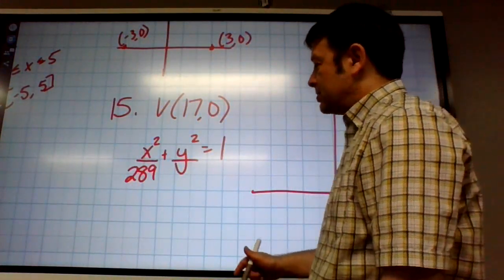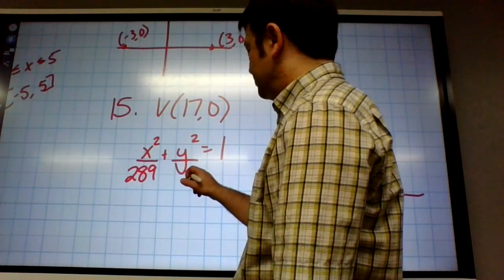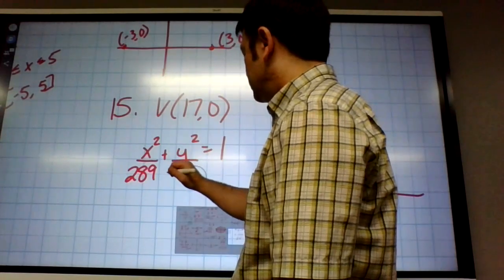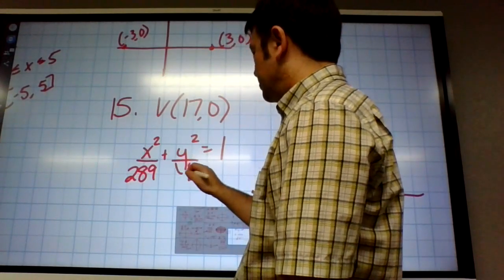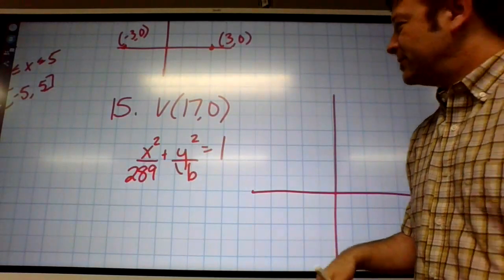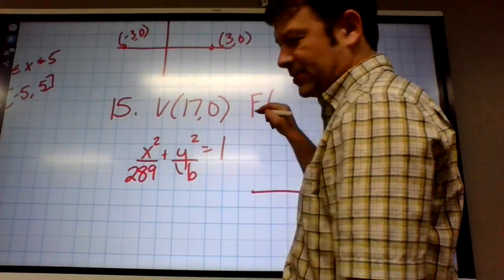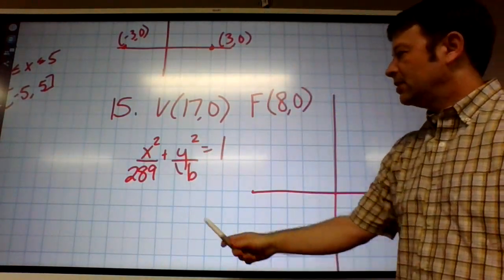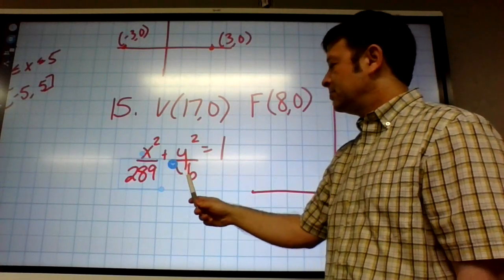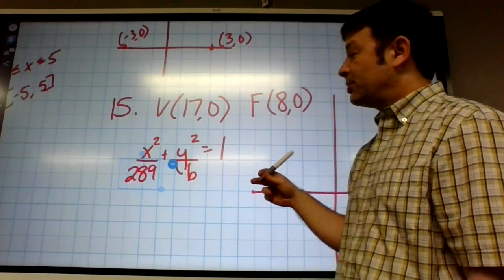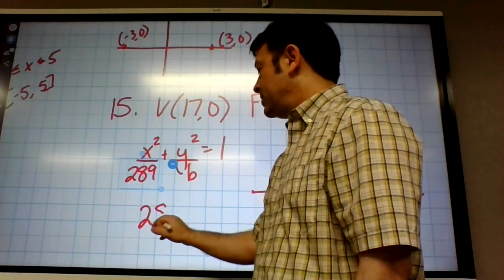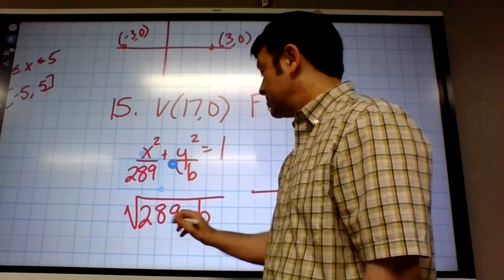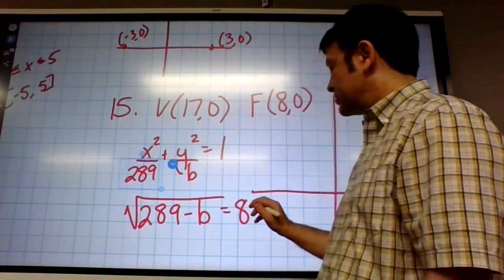All right, this is tricky. So for now, I'll just call it B there. I don't know what else to call it. So the focus, how did we find the focus earlier? We did this minus this, and then we did the square root of that, right? So 289 minus b, and the square root of that should equal the focus, which is 8.